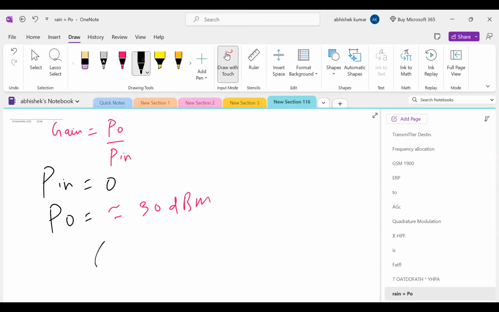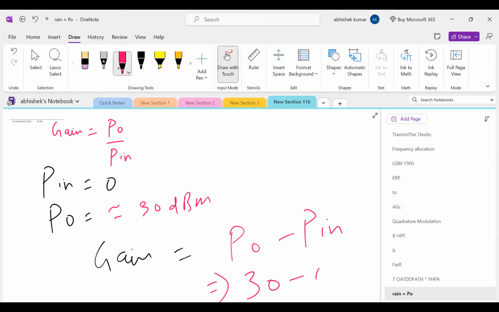Because it is in dBm, gain is P output minus P input, 30 minus 0. It will be around 30 dB.